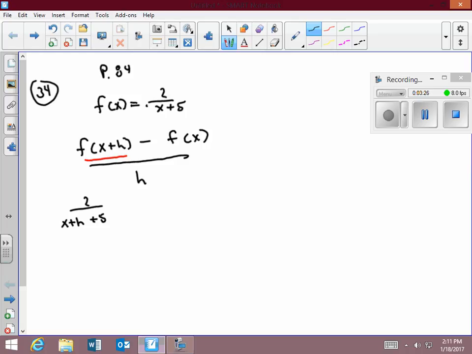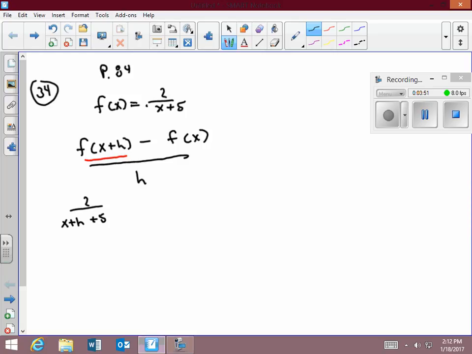Now, I could put a bracket around x plus h, but it would be just the same without, right? If there's a minus sign in front of it, I should bracket it, right? Correct? Yes, I agree. Okay.